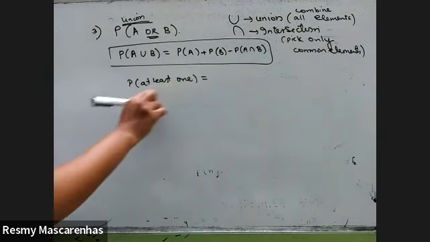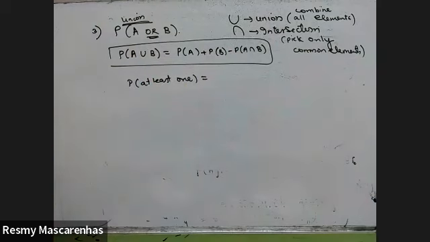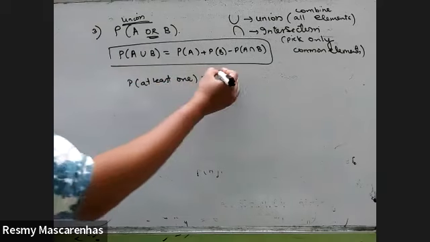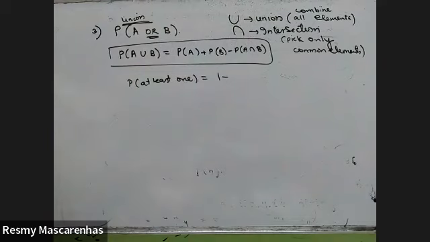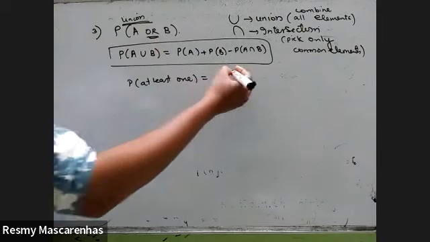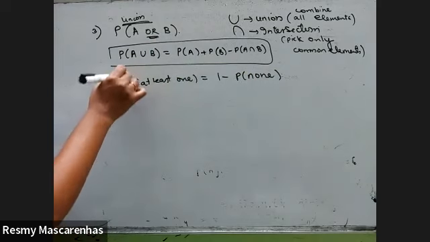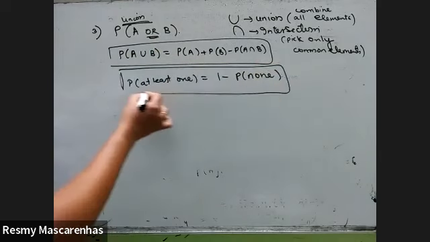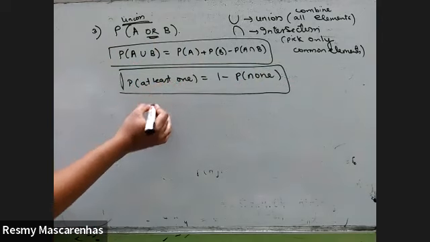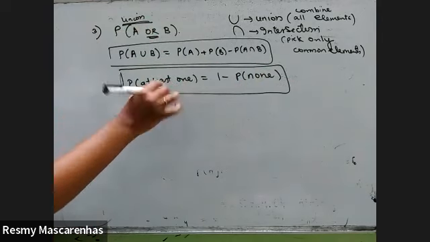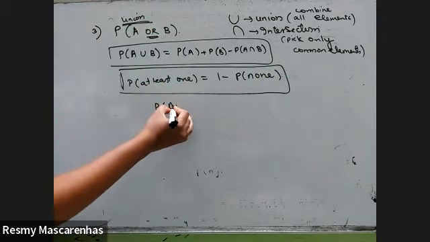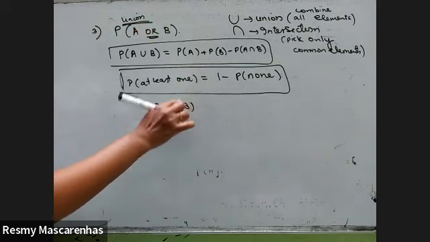Whenever you are asked to find the probability of at least one of something, this is the formula: one minus probability of none. When you solve problems, you will understand, but try to remember this formula. At least one means same as union, or at least one is same. So basically, whenever you have to find at least one, you have to find union.